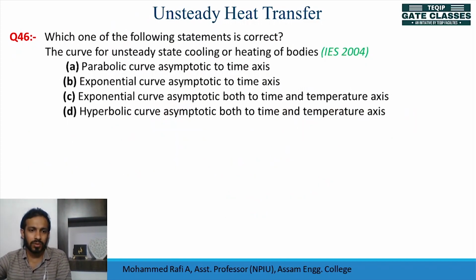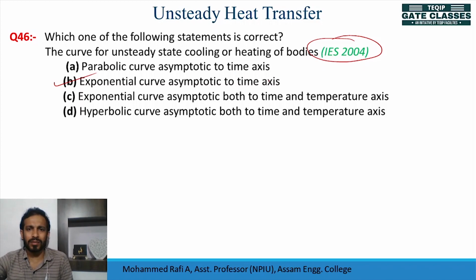This is a theoretical question. Which one of the following statements is correct, IISc 2004? In engineering services, usually they focus on theory in the prelims, with numericals in the mains.